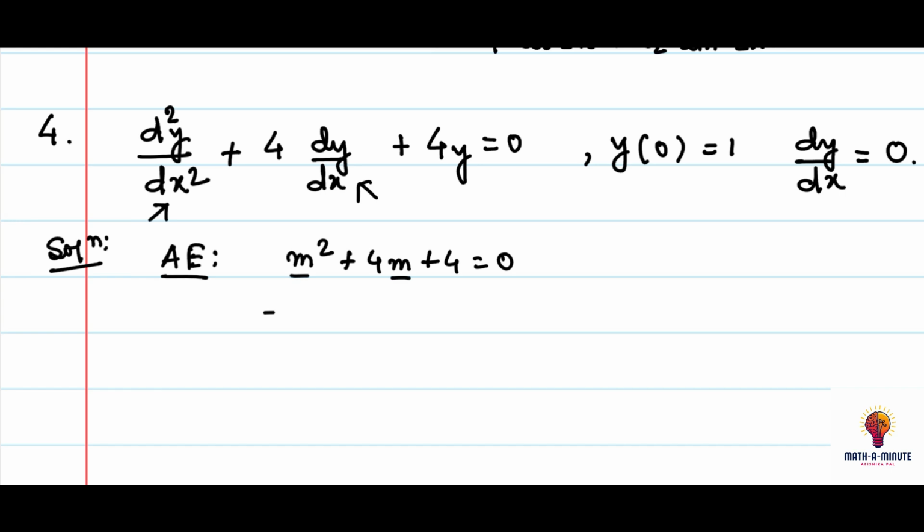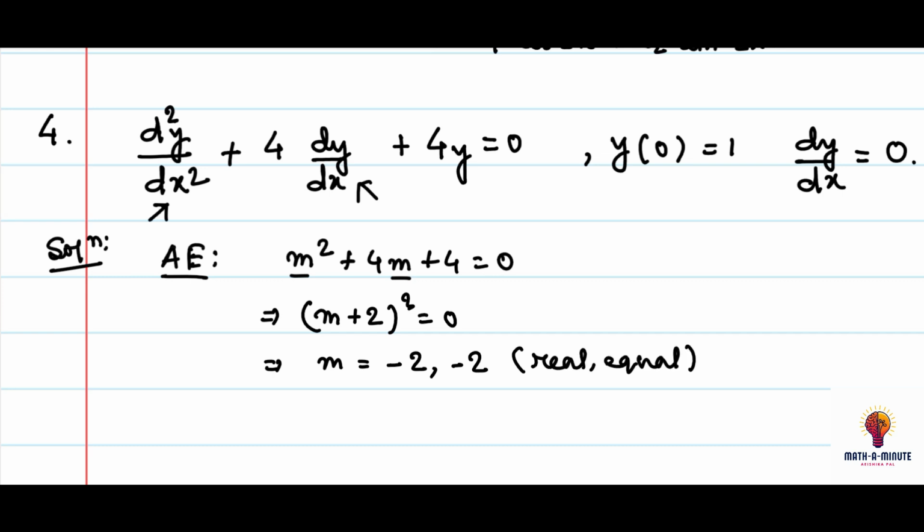So the roots of this equation will be m equals -2, -2. It's a real root but an equal root, not distinct.